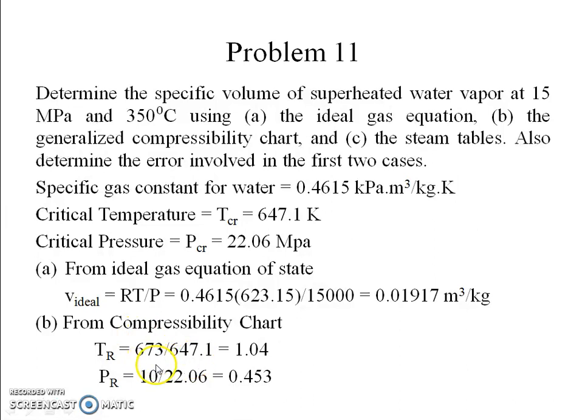So given pressure over here is 10 and the critical pressure is 22.06 megapascal. So my reduced pressure is 0.453. Similarly, I am going to find out my reduced temperature. The given temperature is 350 degrees centigrade or 673 Kelvin. My critical temperature is 647.1 Kelvin. So the reduced temperature is 1.04.